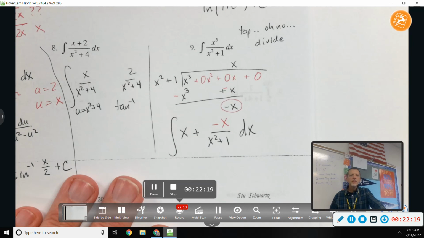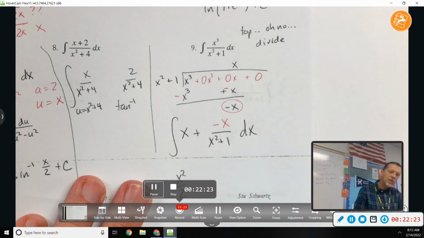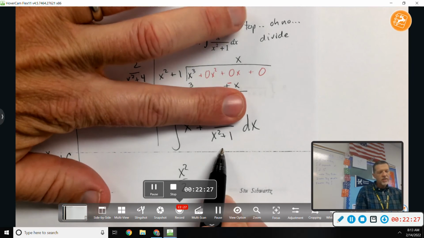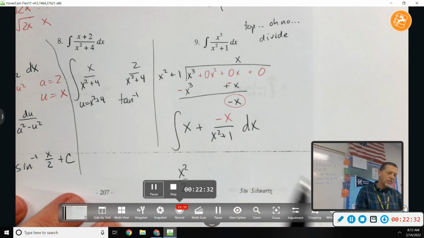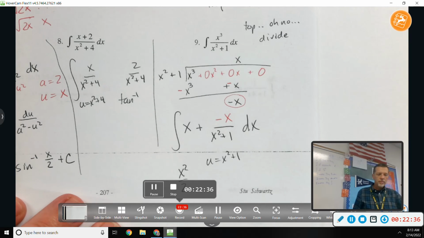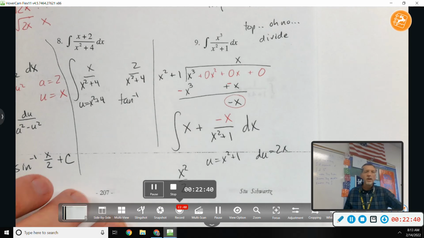And now, the first part's easy. That's x squared over 2. Second part, looking at just the denominator, it looks like inverse tangent, but there's an x in the top. So I think this is a u substitution problem. Yeah, because then du is 2x. Go from there. We'll stop there.